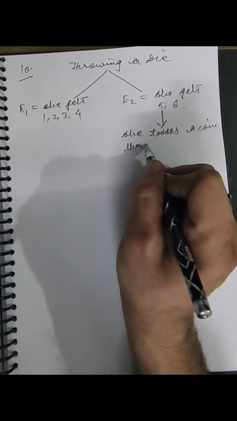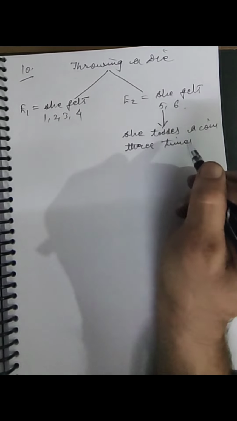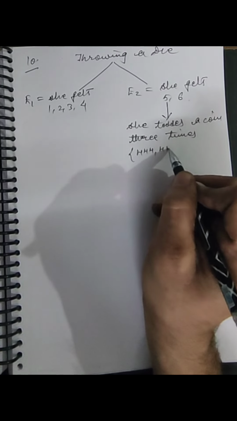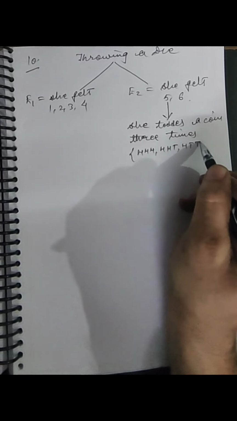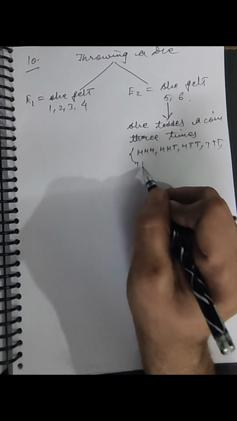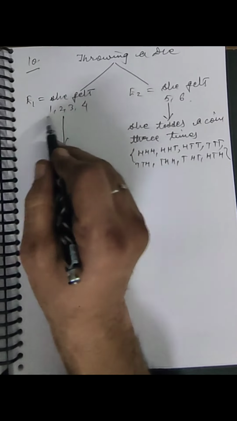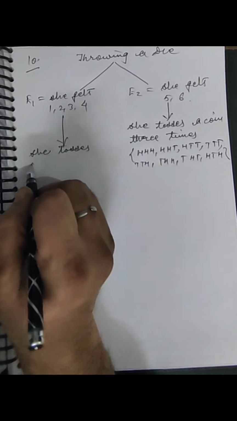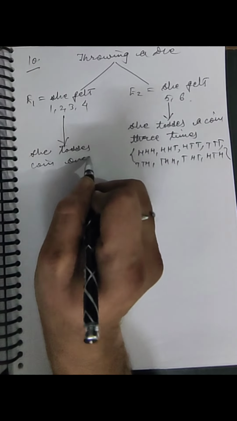She tosses a coin 3 times. The corresponding sample space will have 8 outcomes, whenever we discuss tossing a coin 3 times. And when she gets 1, 2, 3, 4, she tosses it 1 time only. So obviously 2 results are there, heads and tails.